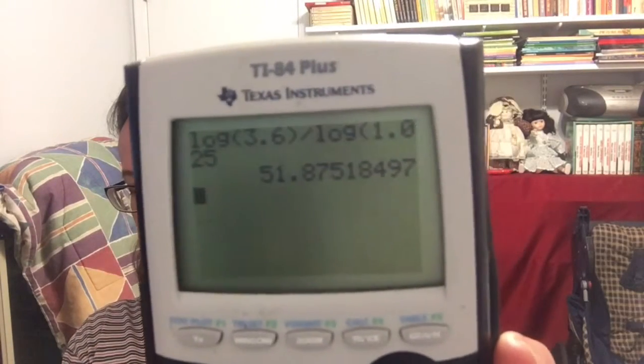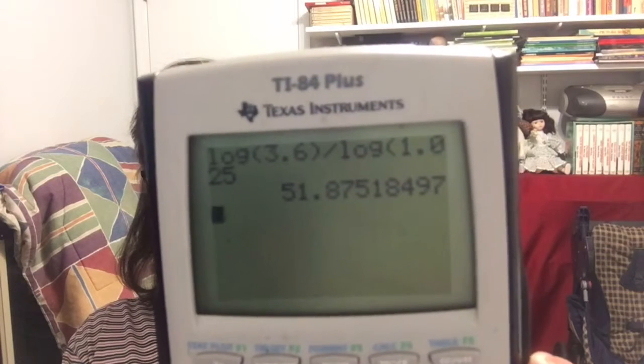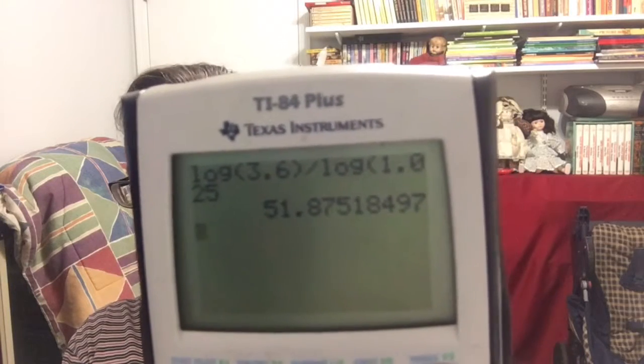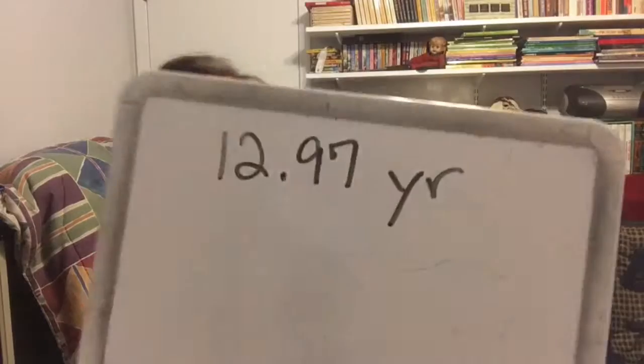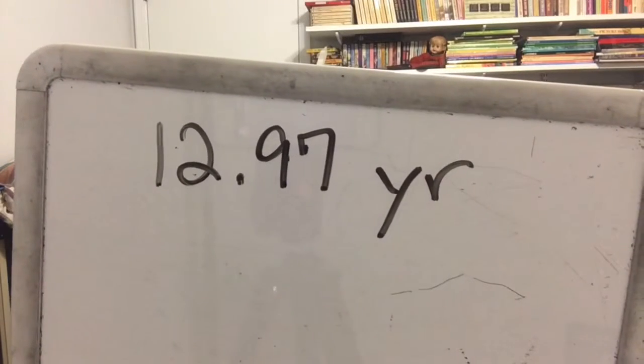Okay, I divided, and now we're going to take that and divide it by 4, because we have that set equal to 4t. So we divide that by 4, and we get 12.97. Okay, 12.97 years, and that is the correct answer.